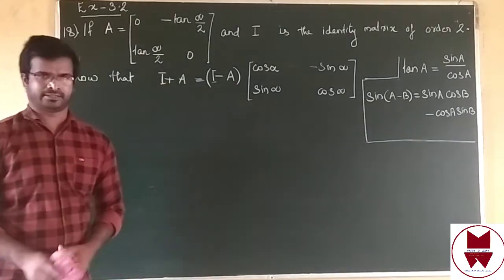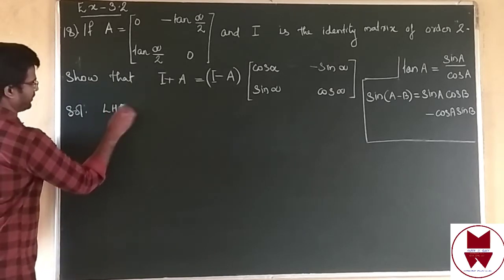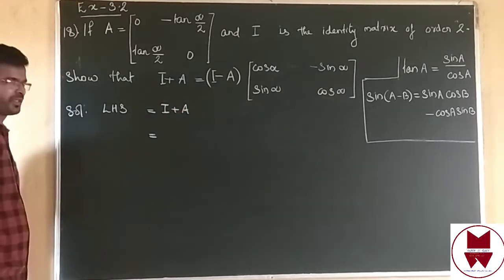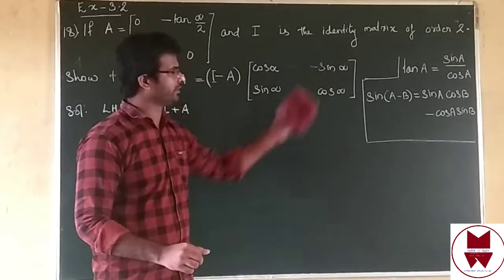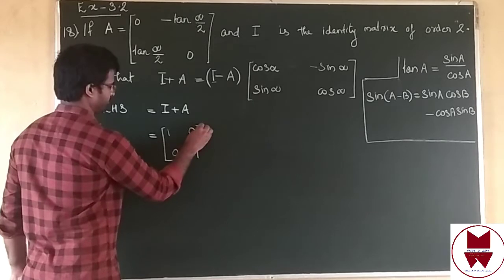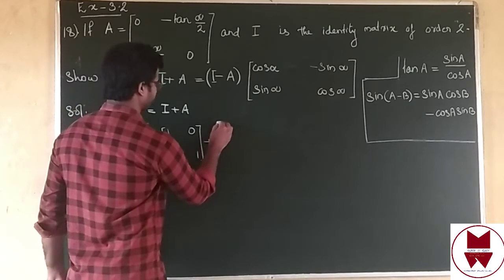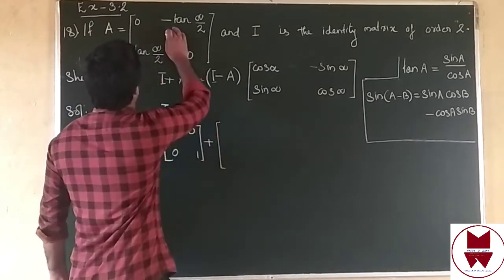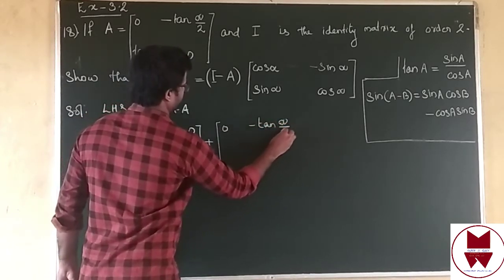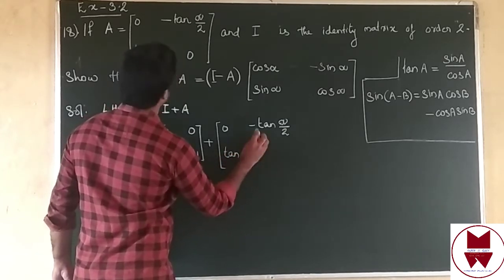First, we take the LHS. LHS equals I plus A. I means the identity matrix already given, which we can write as [1 0; 0 1], the identity matrix of order 2, plus A, already given in the question: [0, minus tan alpha by 2; tan alpha by 2, 0].